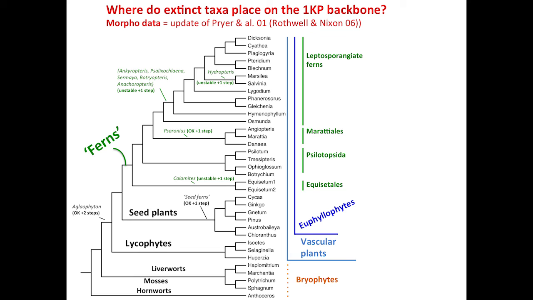so where we would expect them to go based on the literature. So seed ferns, which are seed plants that look like ferns, place here. Aglaophyton, a stem vascular plant, places here. A Myriopteridoid fern here and a water fern here. So these are where we think they should go. These we think are early leptosporangiate ferns, so that looks good.